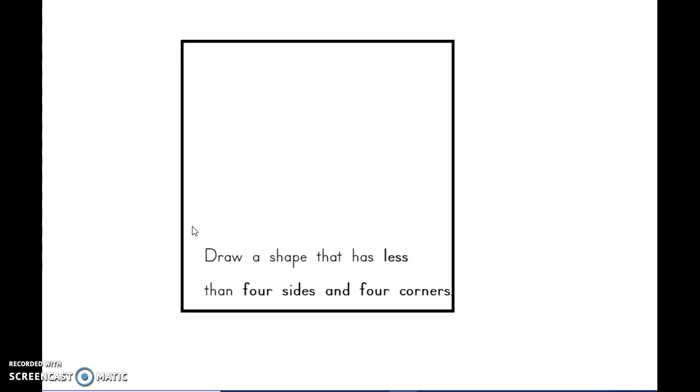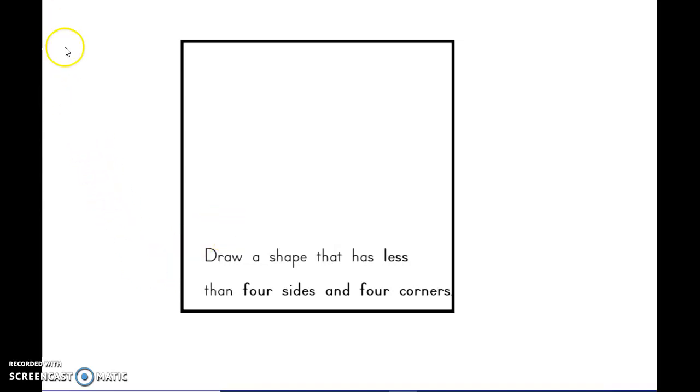So this is one of those math problems where there is and could be more than one right answer. You just have to choose a shape and draw a shape that matches this rule, this definition. As long as it has less than 4 sides and less than 4 corners, it would be correct. So you'll notice there could be more than one right answer.